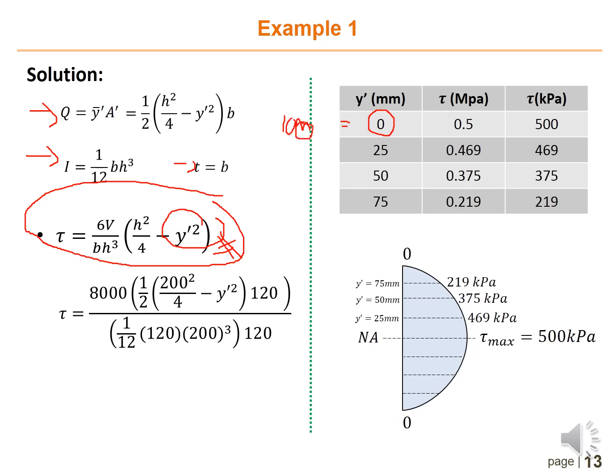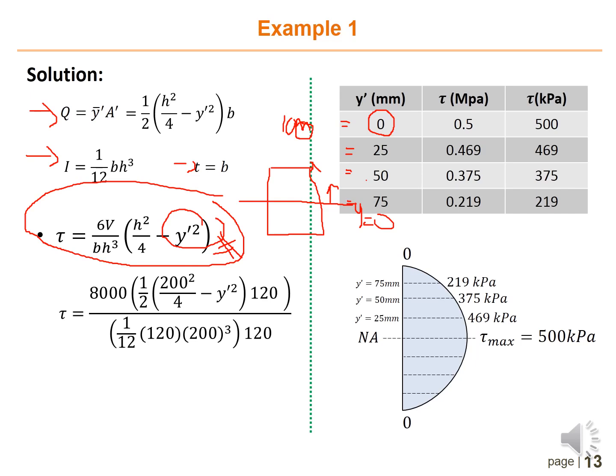Then I have y equals 25, y equals 50 and y equals 75. This is measured from the neutral axis, which is y equals 0, and then I increase to y equals 25, y equals 50 and y equals 75 mm.